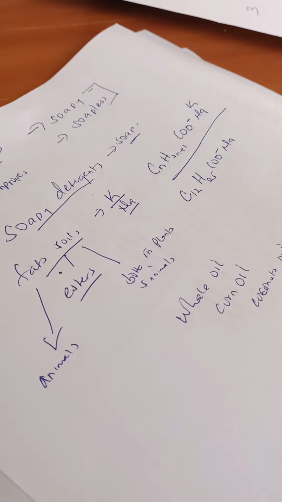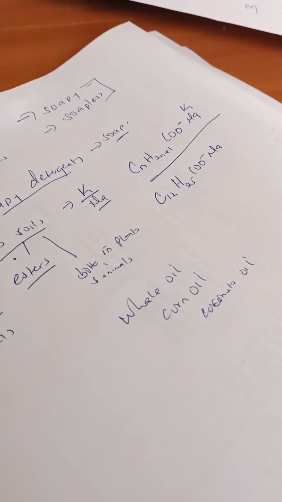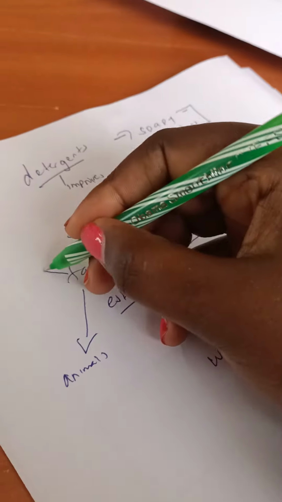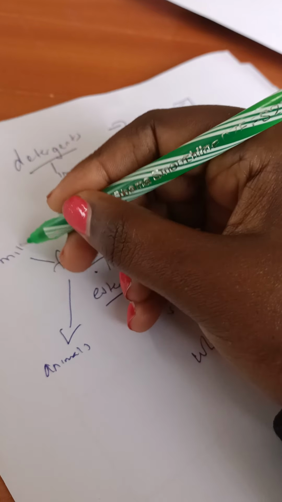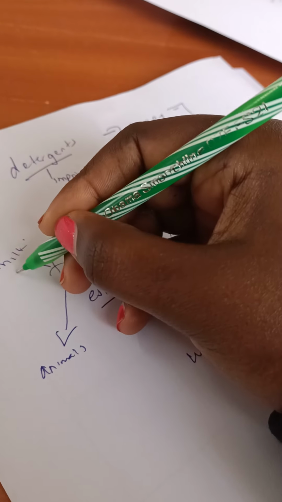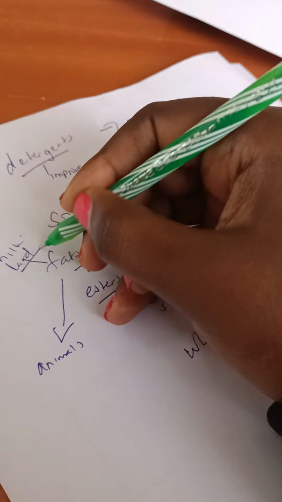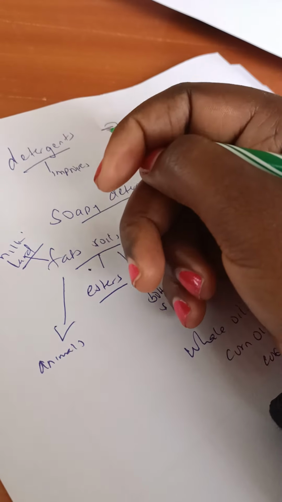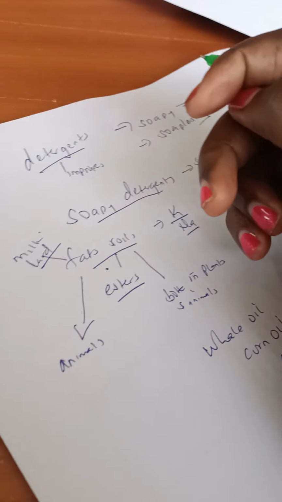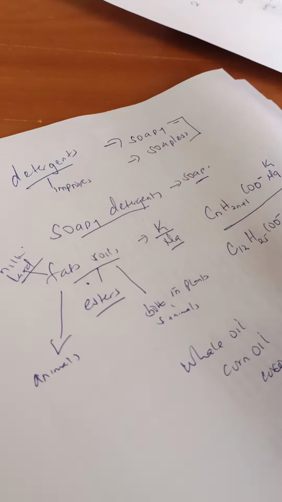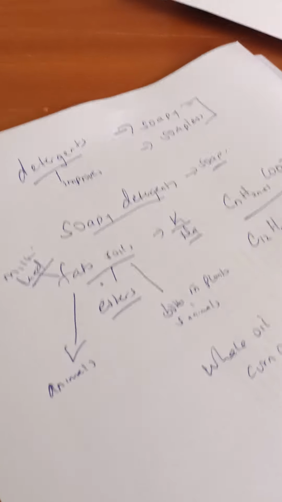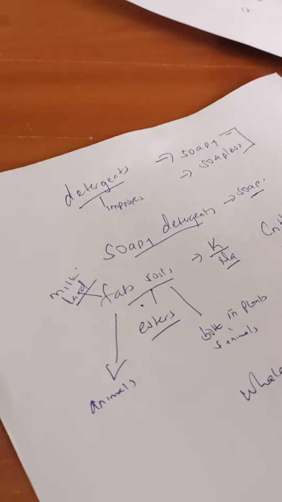Fats are also found in things like milk. You can get lard from pigs, and also from some other animals.